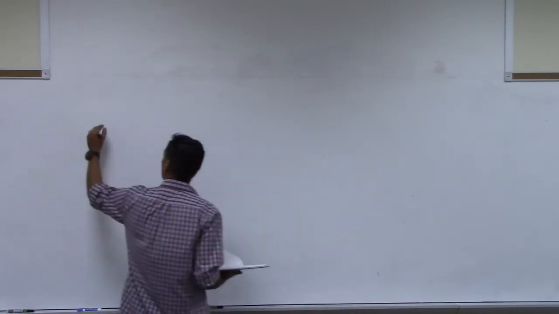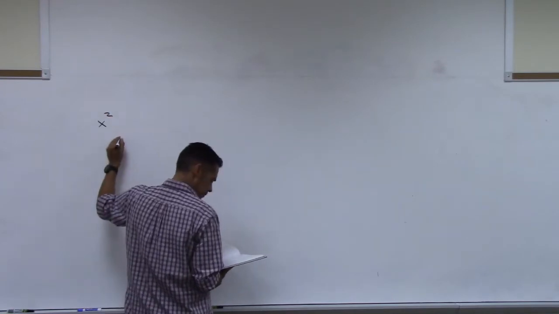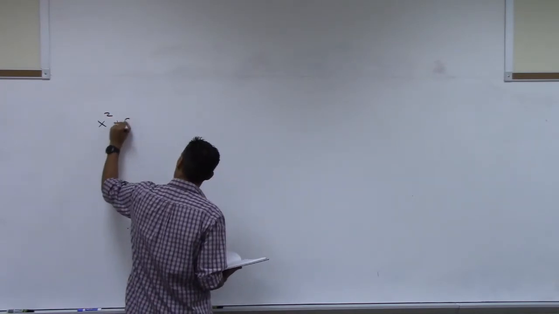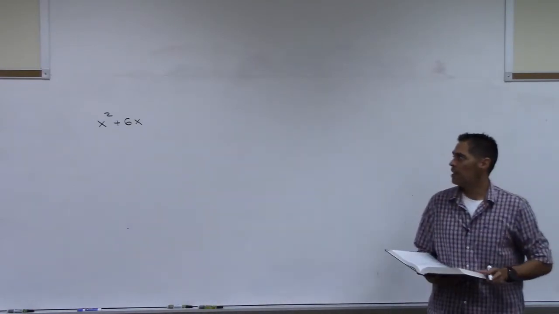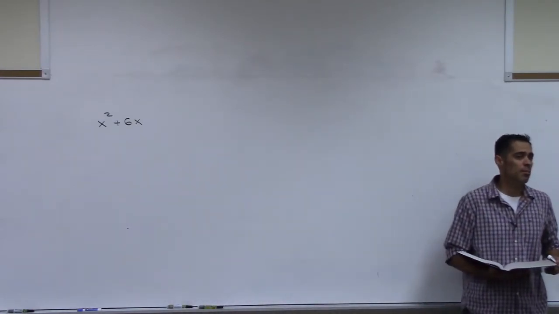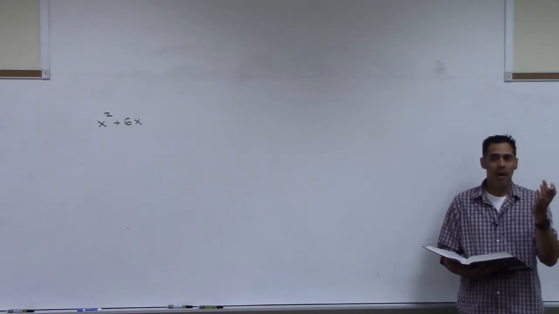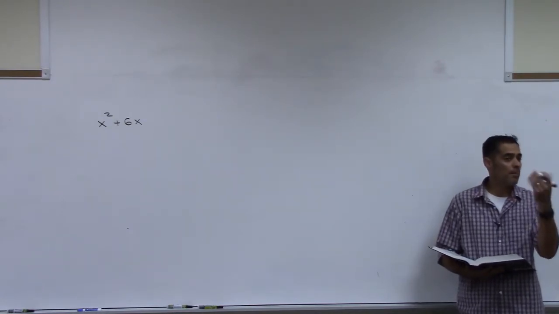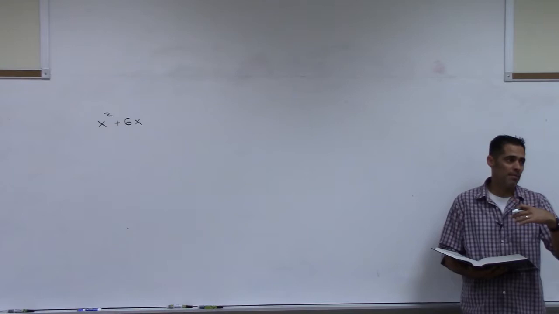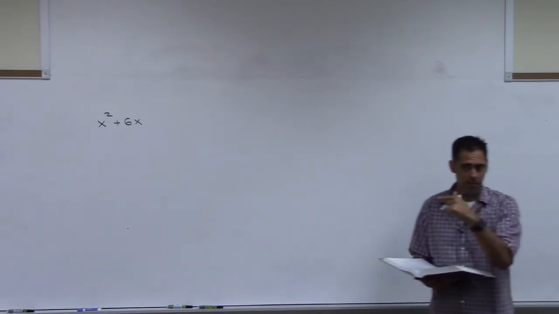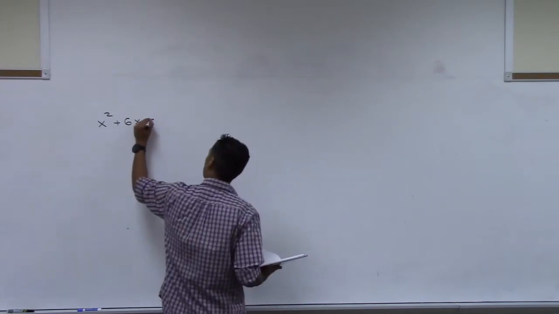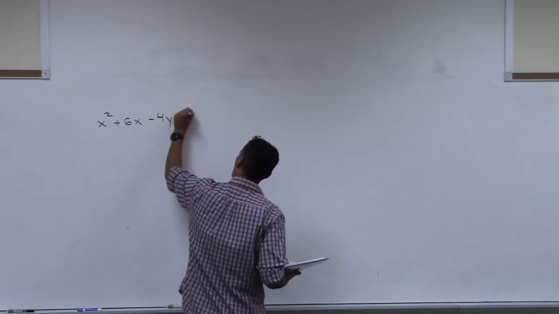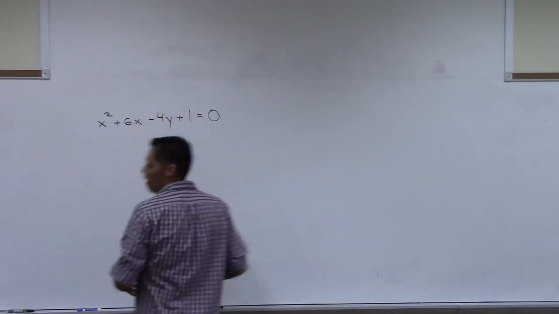Let's do this one. We have x squared plus 6x. When you see x squared plus 6x, right now you should be thinking this is either going to be an ellipse or a parabola. If it's a parabola, it's going to open up or down because the x is squared, right? All right, and then now minus 4y plus 1 equals 0.